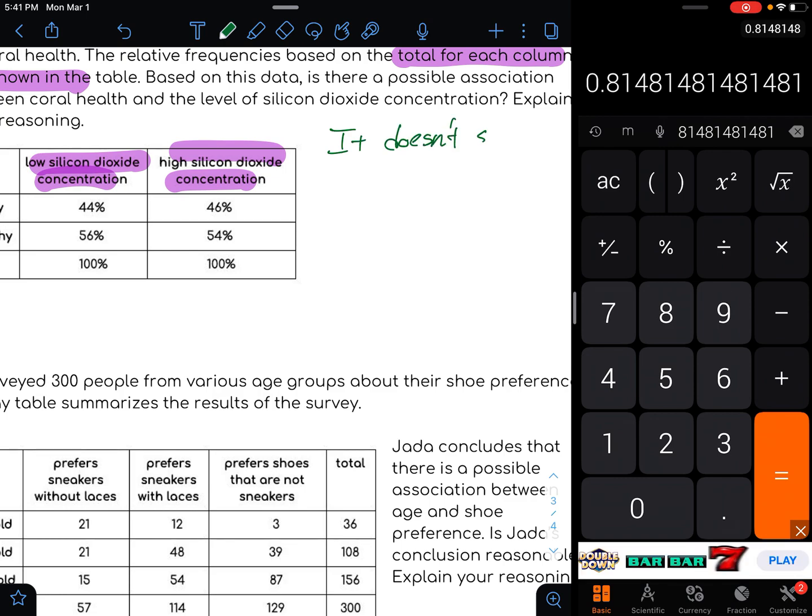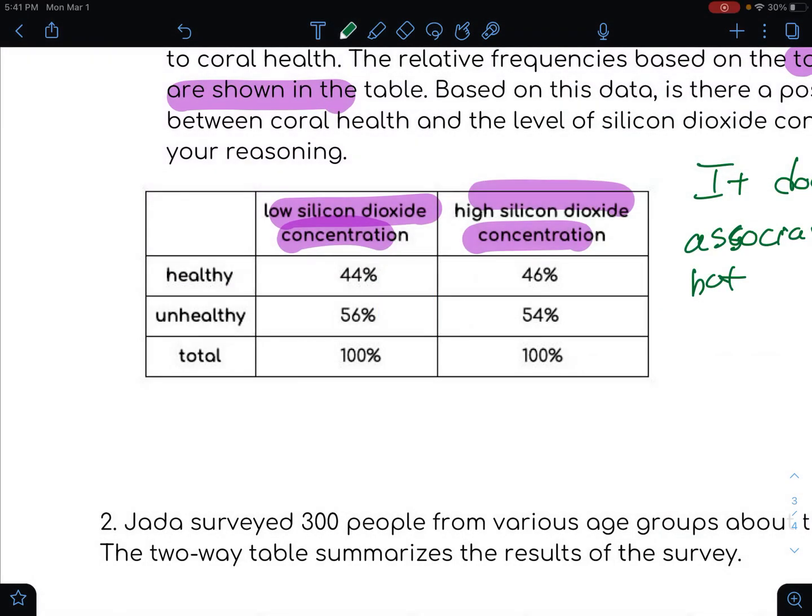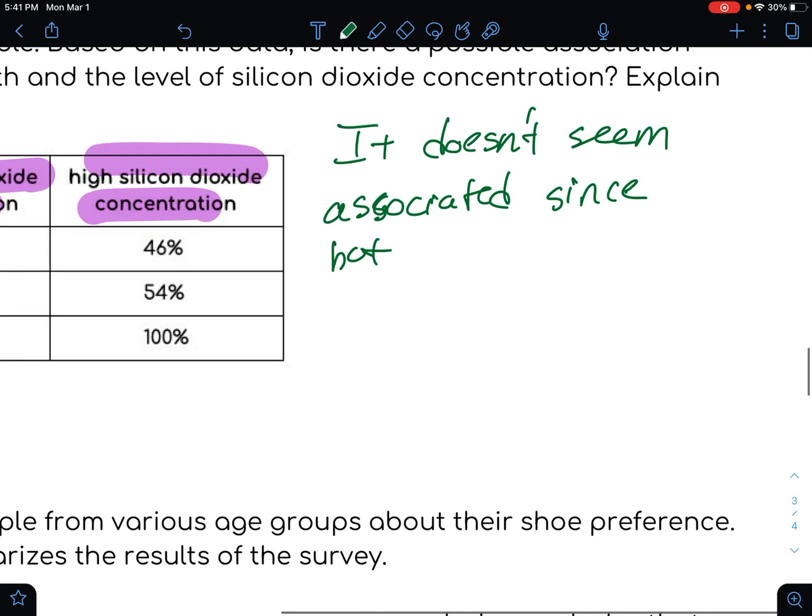So it doesn't seem associated. I don't really need the calculator anymore here, let me just get some room to write.